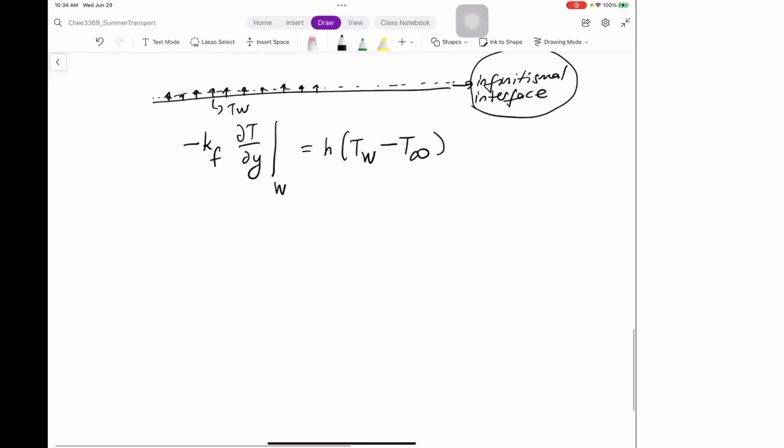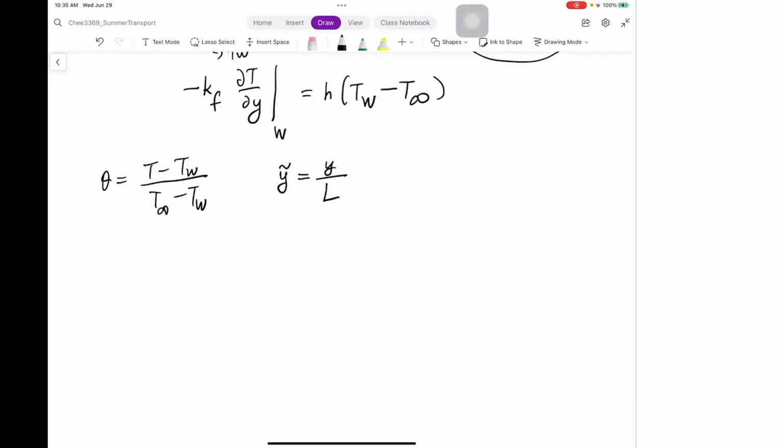Let's work with dimensionless numbers now to simplify this equation. Theta is equal to T minus T wall divided by T infinity minus T wall, same as we did before. And dimensionless y, let's call it y tilde, is equal to y over L, the length of the object.